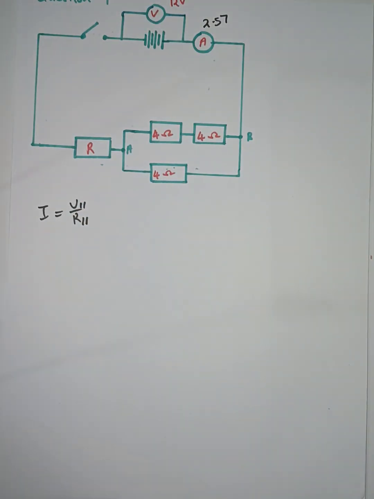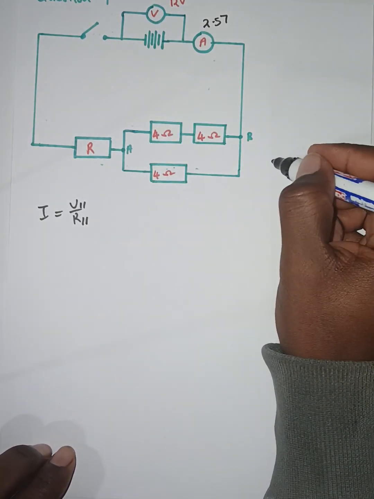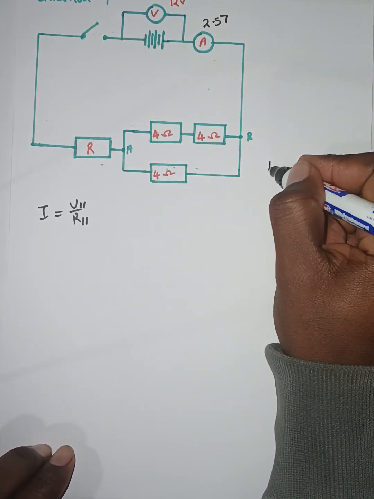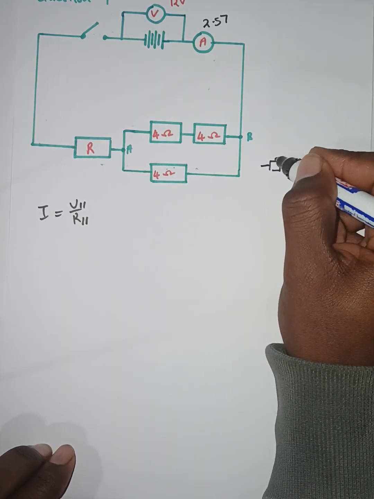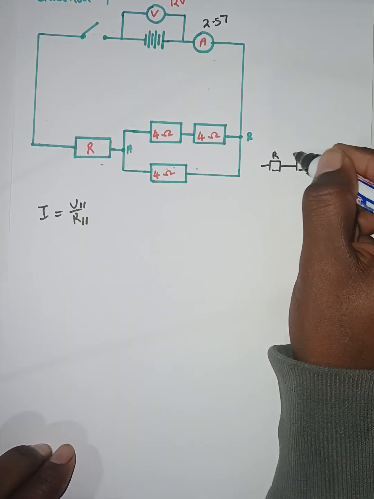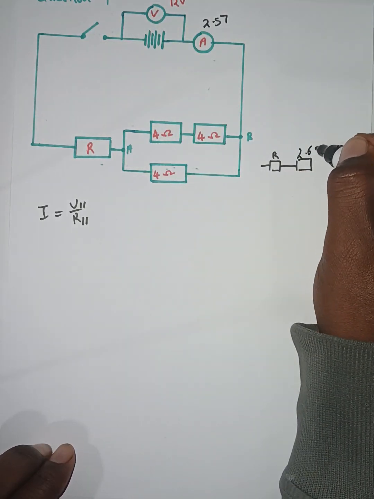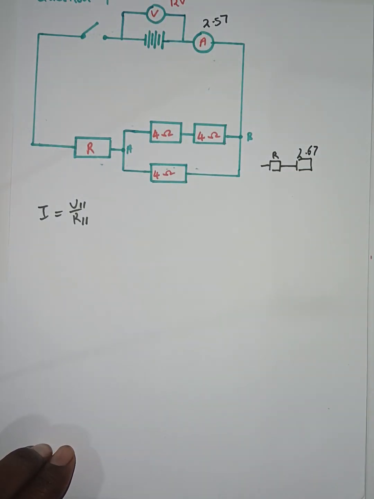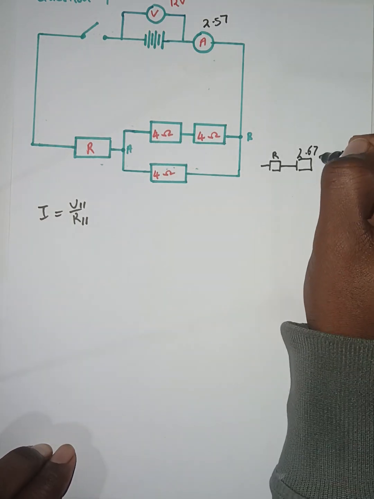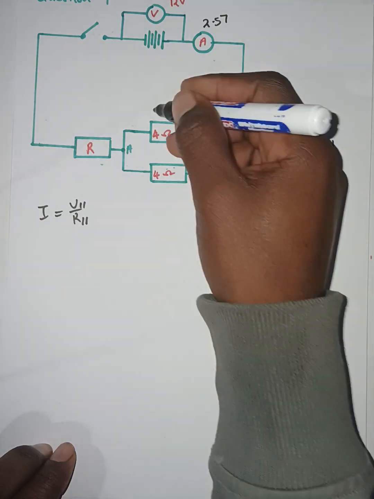Now remember, when we combined these two resistances, these two branches, we got 2.67, if I'm not mistaken. Let me check again. So that was 2.67 ohms, when we combined these two branches.